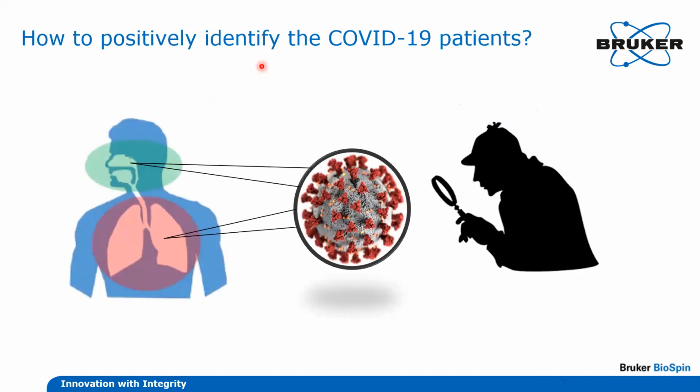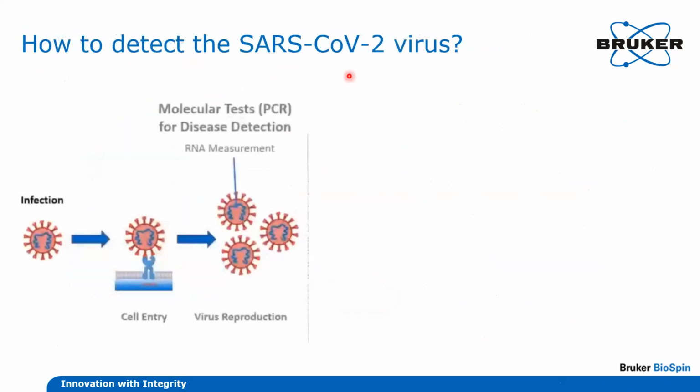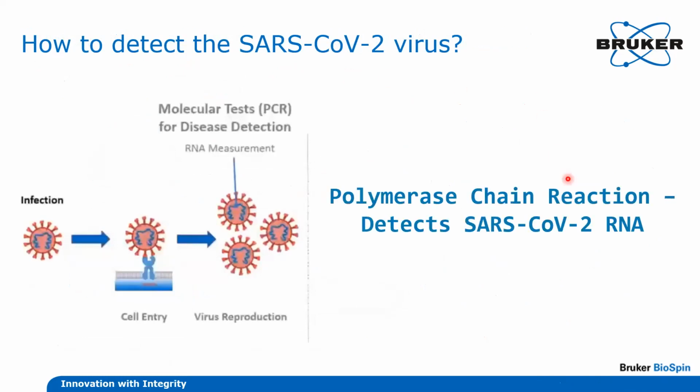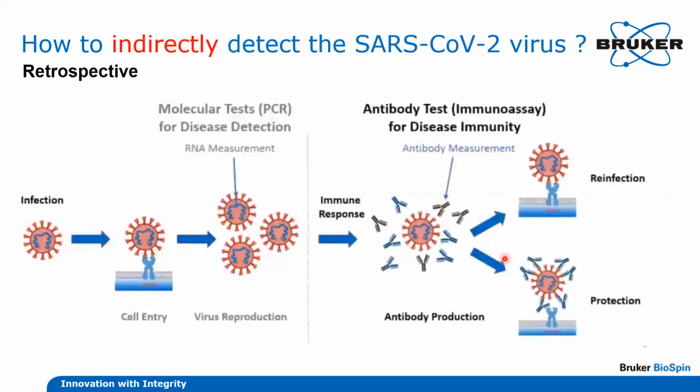So how can we positively identify the COVID-19 patients? There are two ways that we can identify whether people have been infected or not. One is through PCR, which is the direct detection of the RNA from the virus. If the virus enters the human body, it will trigger our human immune response.